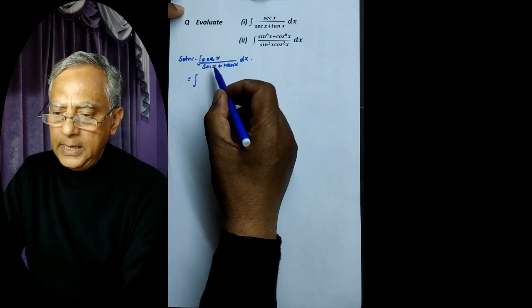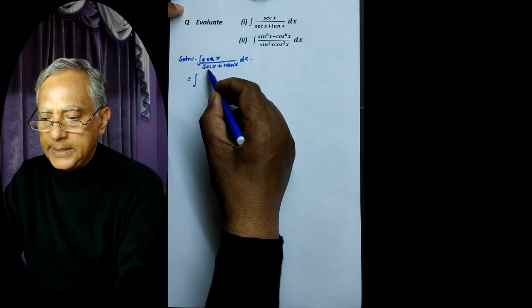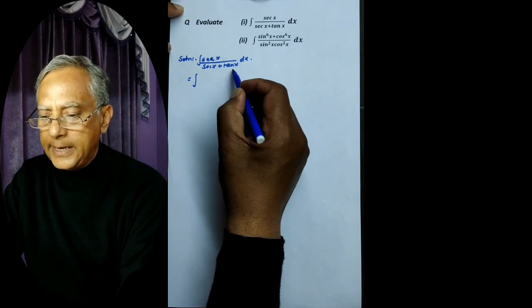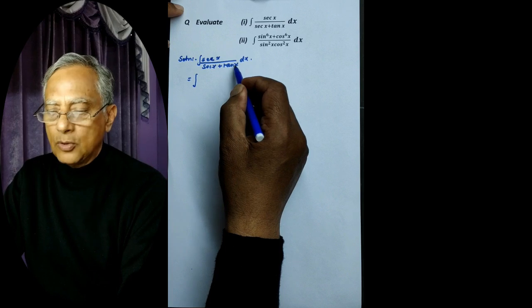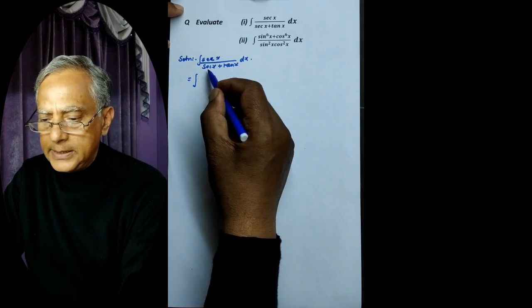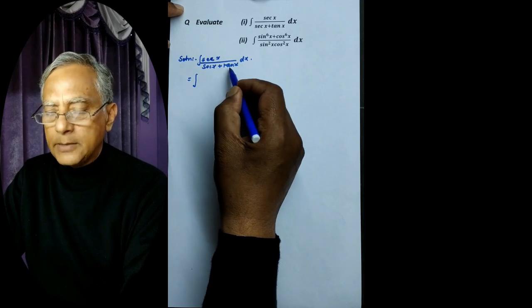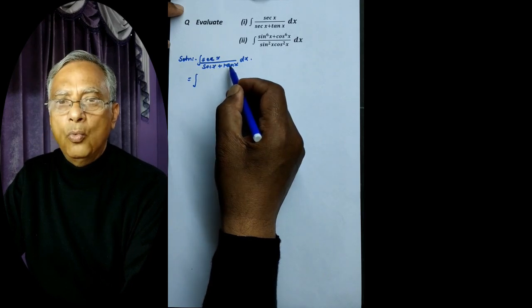Now what we do is, if we multiply this by secant x minus tangent x, multiply and divide by secant x minus tangent x, what we will get in the denominator is secant square x minus tangent square x, and secant square x minus tangent square x is 1.